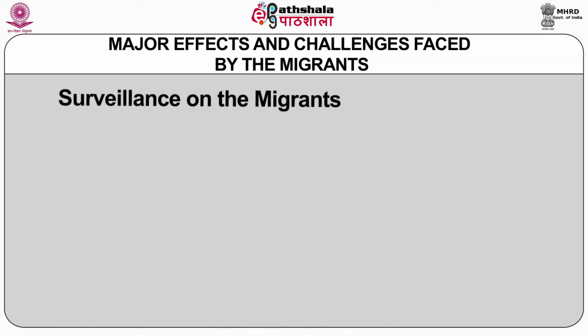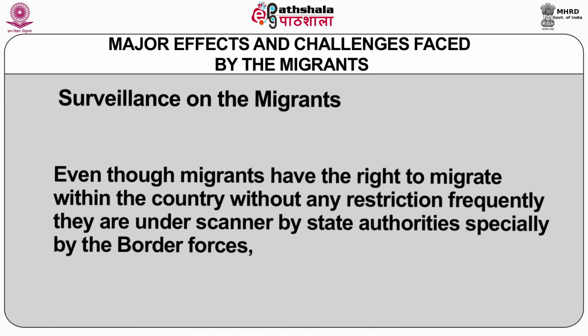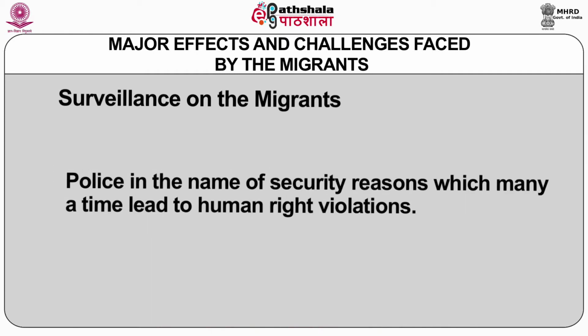Now, let's look at surveillance on the migrants. Migrants legally do not violate any laws of the state if due process is followed. Even though migrants have the right to migrate within the country without any restriction, frequently they are under scanner by state authorities, especially the border forces and police, in the name of security reasons, which many a time leads to human rights violations.